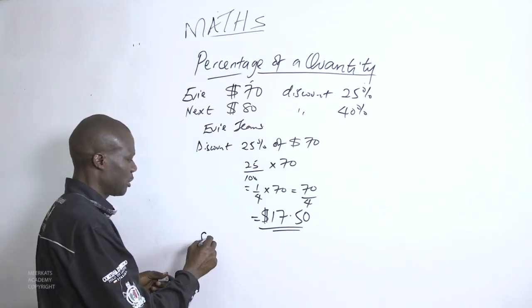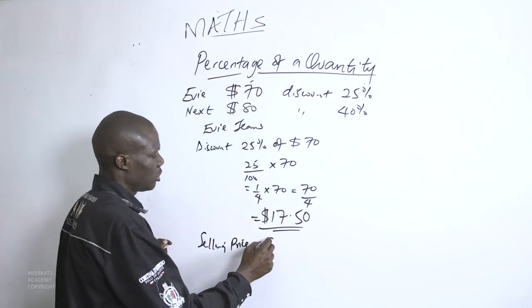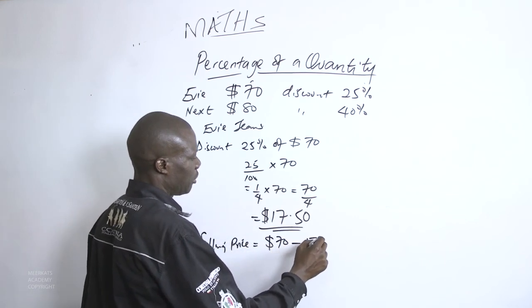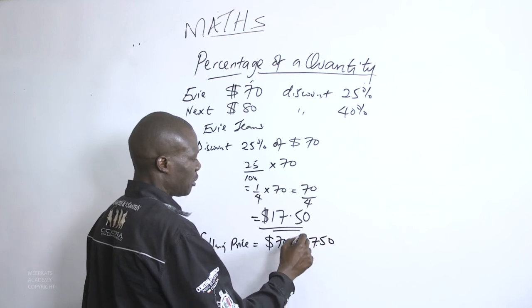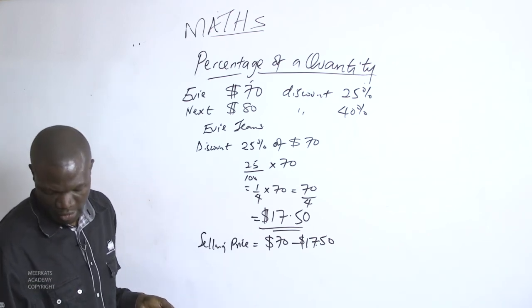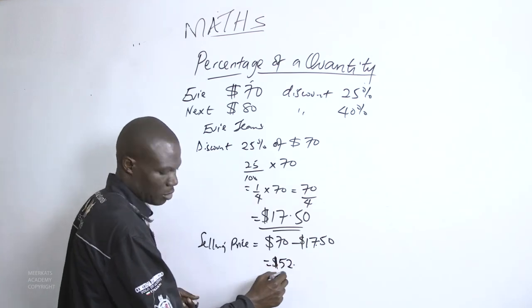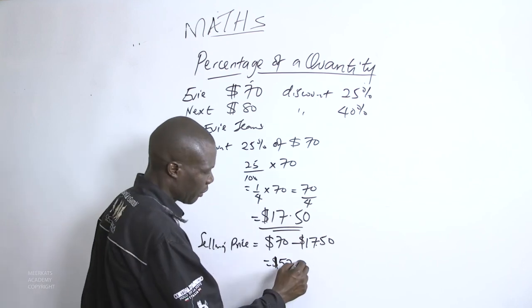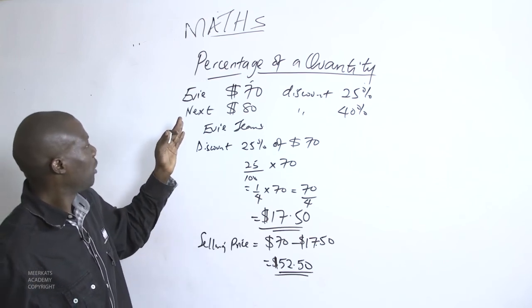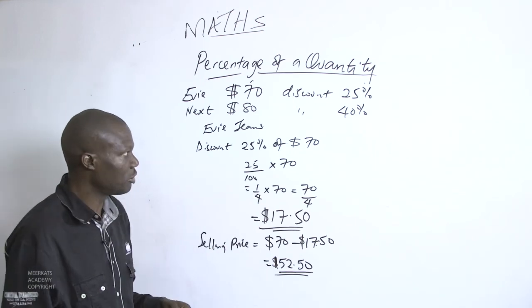So the selling price will be the cost, which was $70, minus $17.5. And you realize that what you get there is $52.50. So if AV jeans is bought at a discount of 25%, the cost will be $52.50.